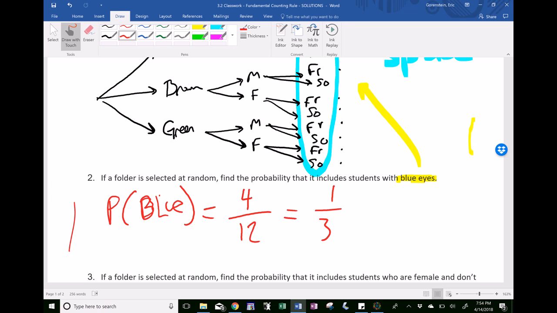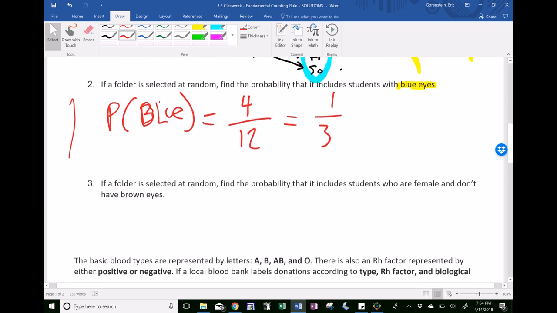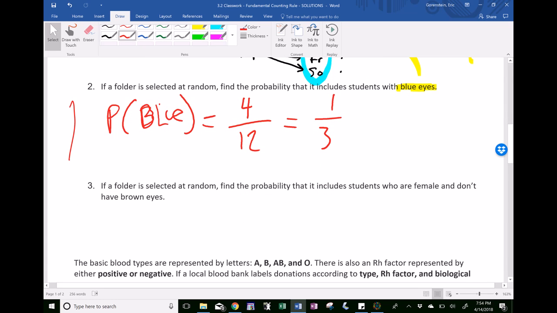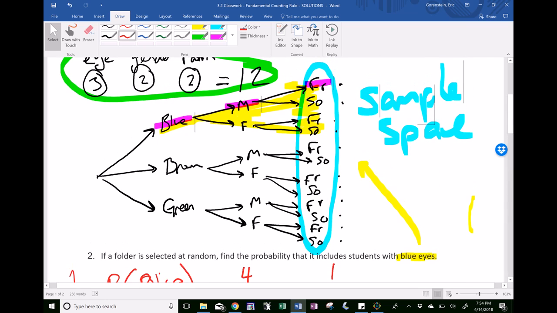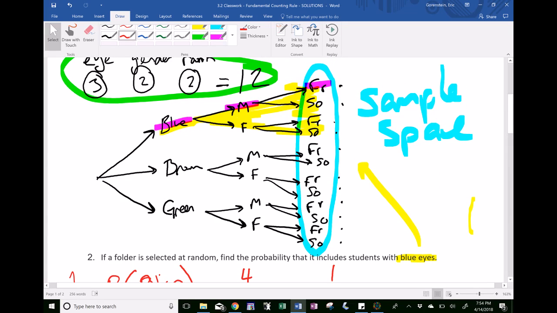And for number 3, if a folder is selected at random, find the probability it includes students who are female and don't have brown eyes. Okay, female that don't have brown eyes. So it looks like these two are female without brown eyes.